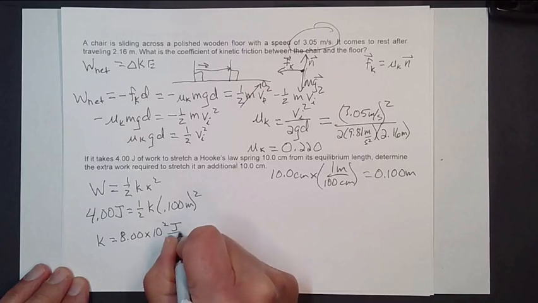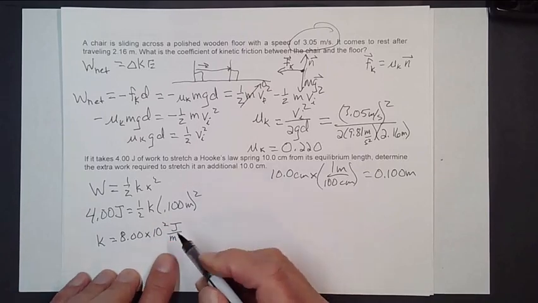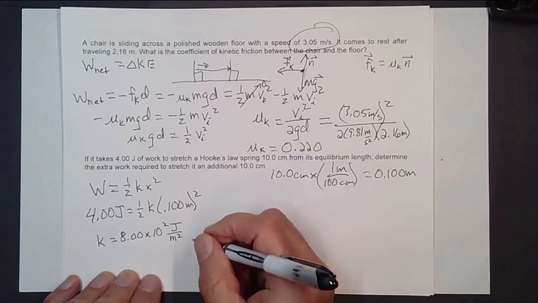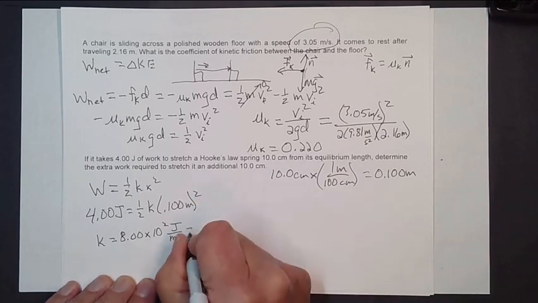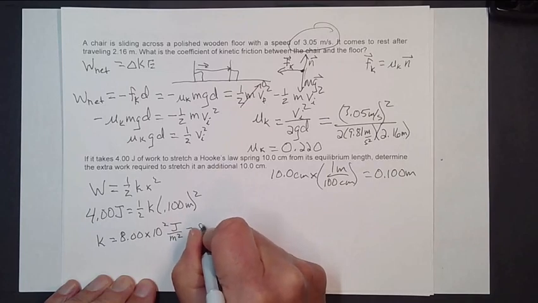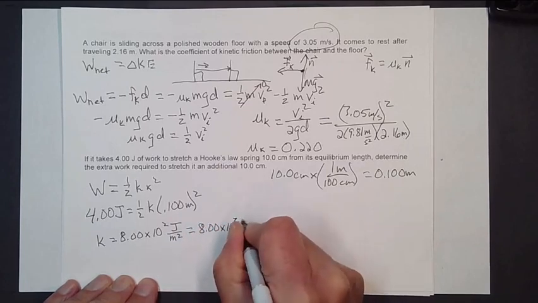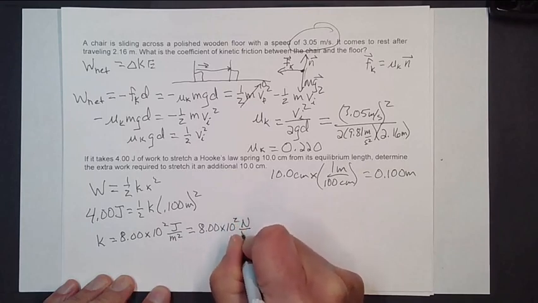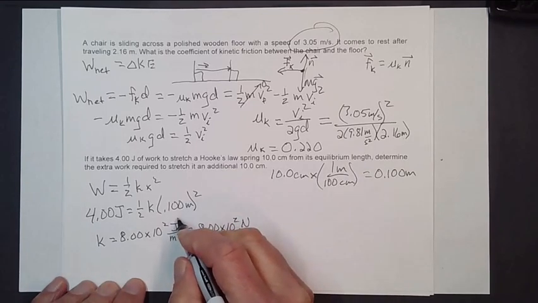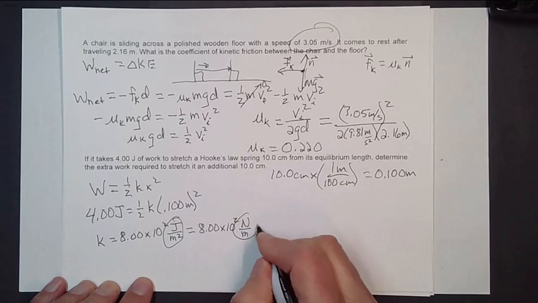Actually, for starters, you'd end up with joules per meter squared, but a joule is a newton meter, and you'll end up with a spring constant of 8.00 times 10 squared newtons per meter. And you should convince yourself that this is equal to this.